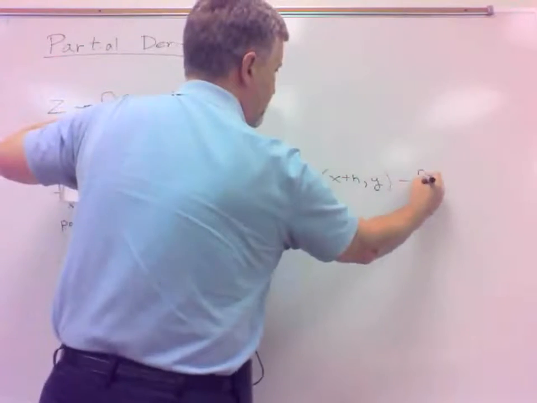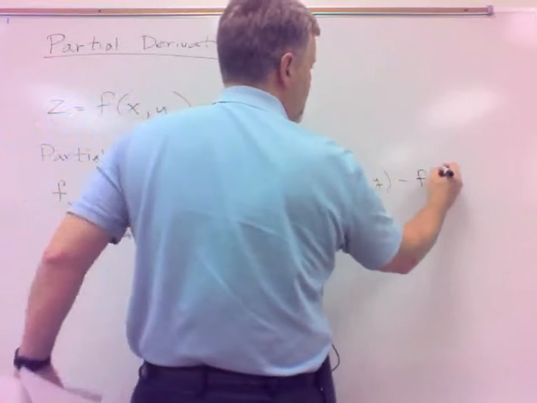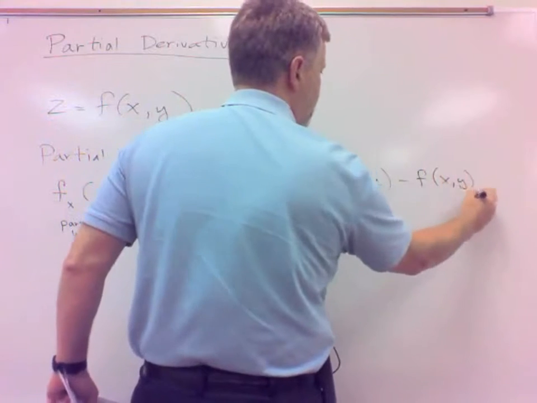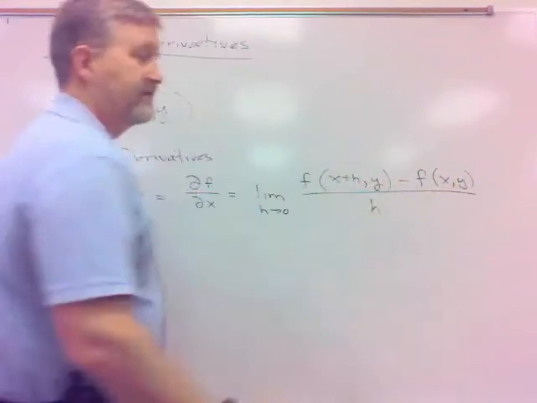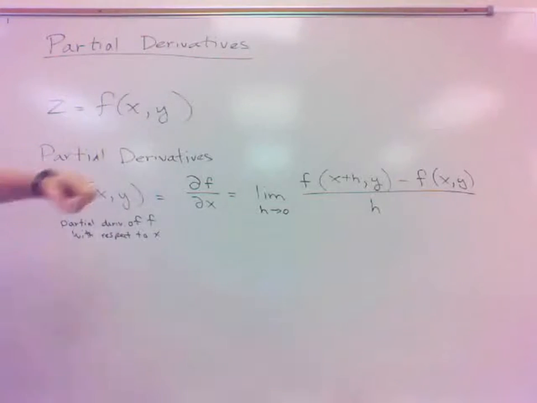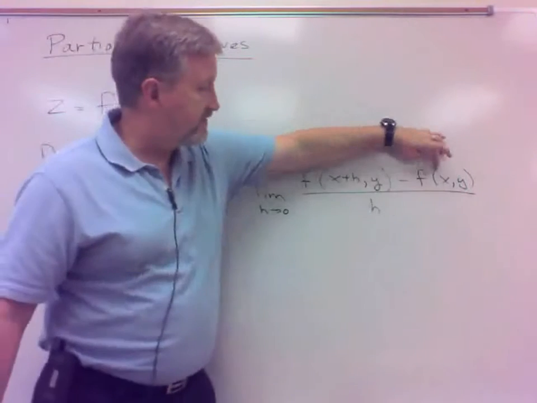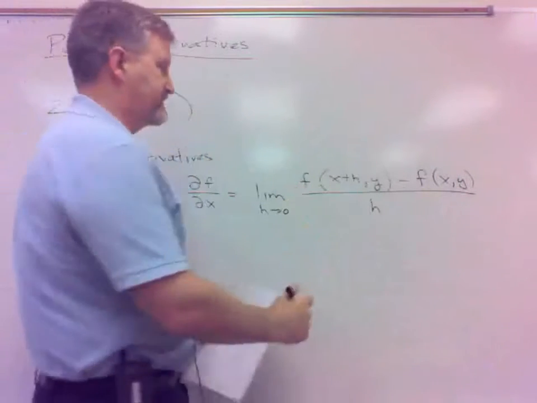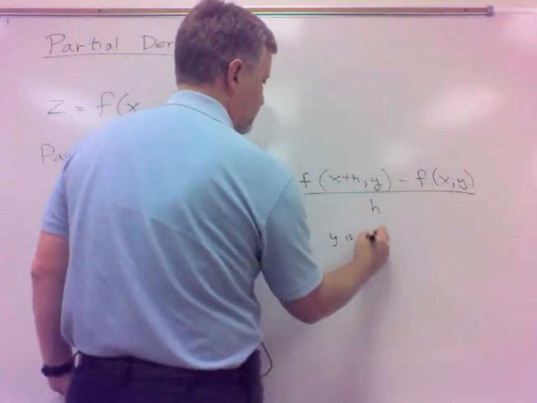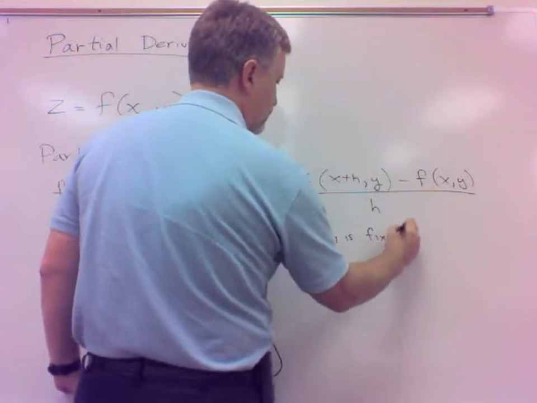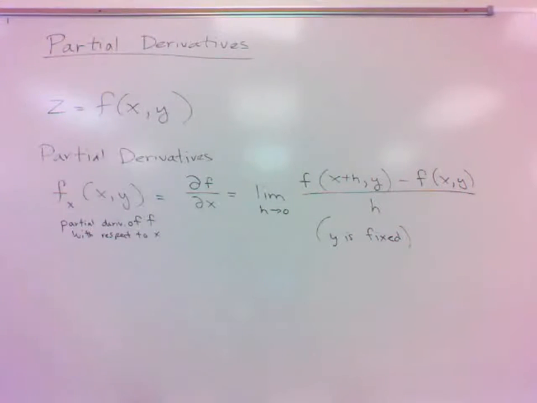So it's going to be f of x plus h, y minus f of x, y divided by h. See what we did there? So basically, we're changing the x a little bit, but not the y. The y is staying fixed. Okay? All right. So that's the partial derivative of f with respect to x.